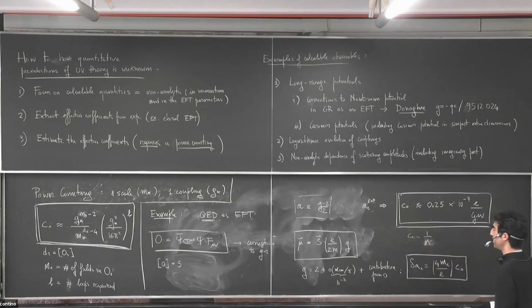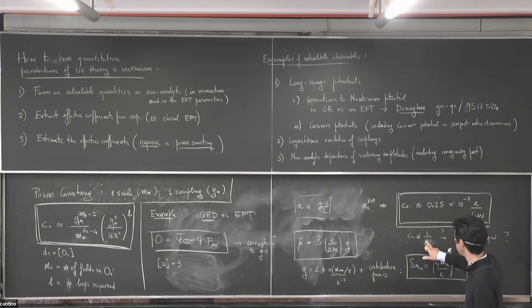If you say C_O is equal to 1 over lambda, then what does this mean? That this lambda has to be bigger than 10 to the 7 GeV. If you make this kind of argument, then you are on a wrong track, because this estimate is not accurate enough.